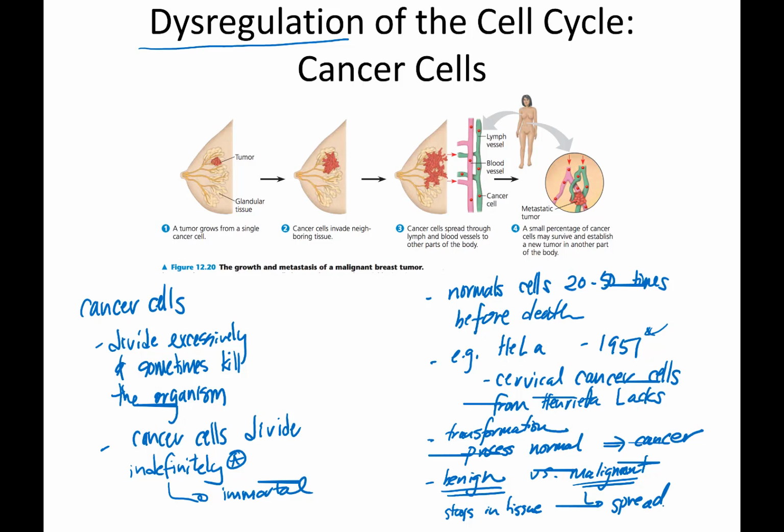And here in this figure, there's a tumor, breast cancer, which grows from a single cancer cell, and it keeps growing. And it's going to metastasize. Metastasize means to move to another location.